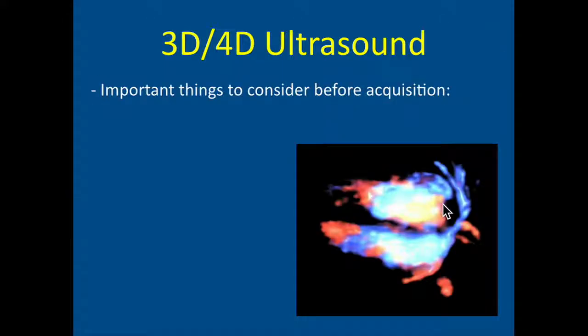So, things to improve or consider before you get an image. I can't help but really think it's an extension of everything Tracy just told you. It's really basic image optimization, but adding a little bit of what you also have to consider for the volume-based imaging. Number one is to get a good 2D image. So if you have a really lousy 2D image, there's nothing magic you're going to do to it with 3 and 4D.